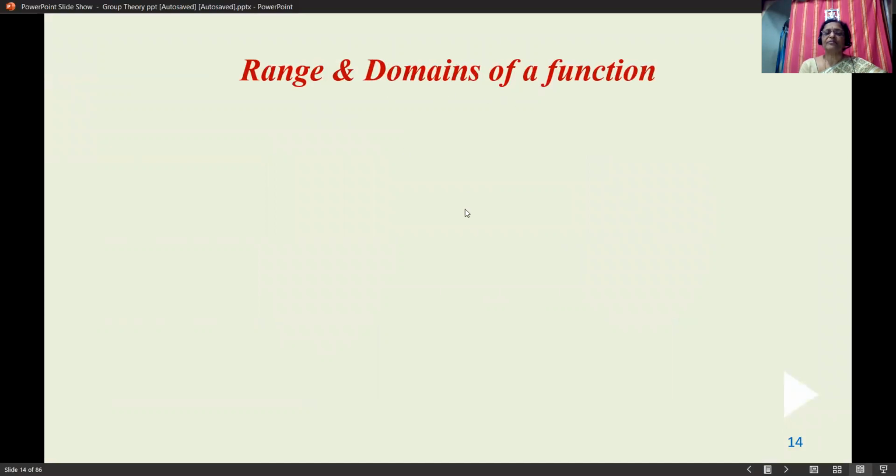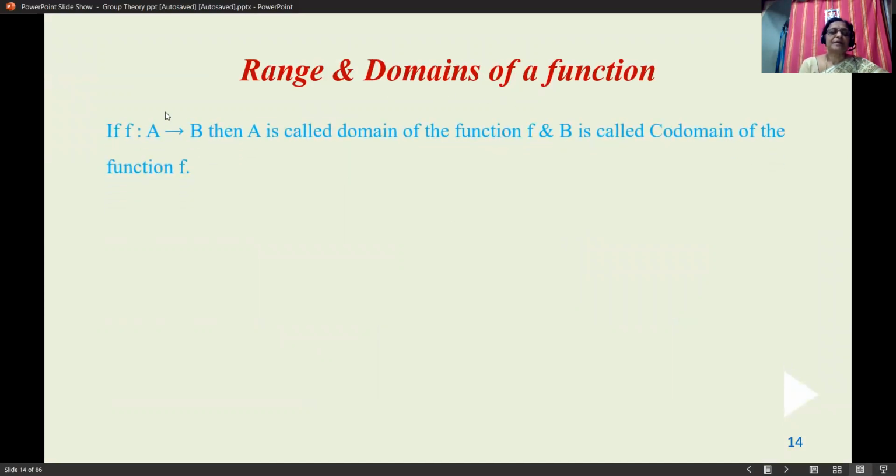Range and domain of a function. If f from A to B is a function, then A is called the domain and B is called the codomain of the function f.